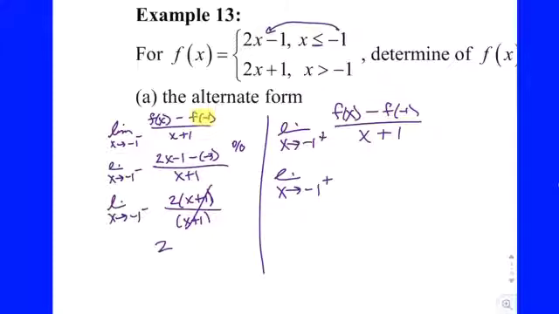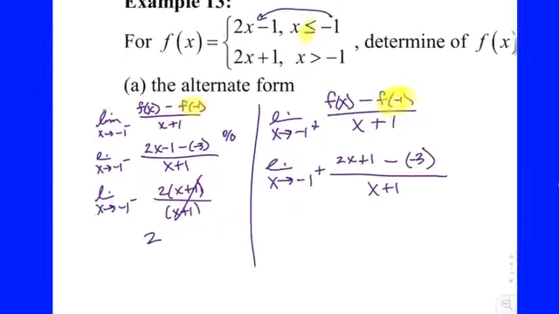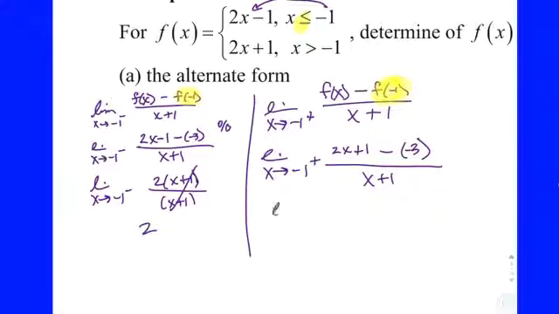So now from the right side of negative 1, it's going to be the function 2x plus 1 minus f of negative 1, which is still using the top piece. And that's going to be negative 3 still, all over x plus 1. So that's how it takes care of continuity. Let me simplify that one. That's going to be 2x plus 4 all over x plus 1.